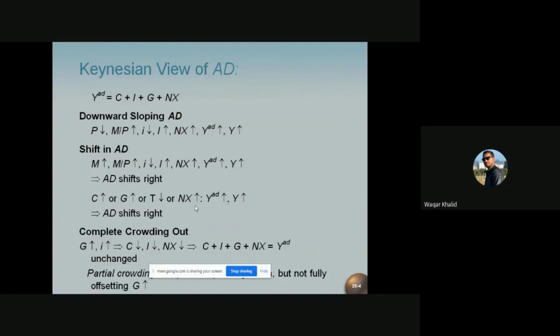This was the only source of change of position of the aggregate demand when we discuss the monetarist view. But when we discuss the Keynesian view, consumption expenditures, government spending, government taxes, net exports, business spending, these are the most important factors shifting the aggregate demand curve from the original position.